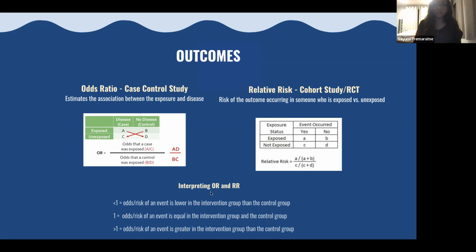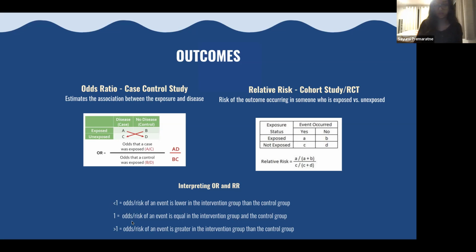So then in terms of interpreting the OR and RR, this is the most important part of these. So if it's less than 1, it means that the risk of the event happening or someone developing the disease in the intervention group is lower than in the control group. If it's 1, it means the chances are quite equal.